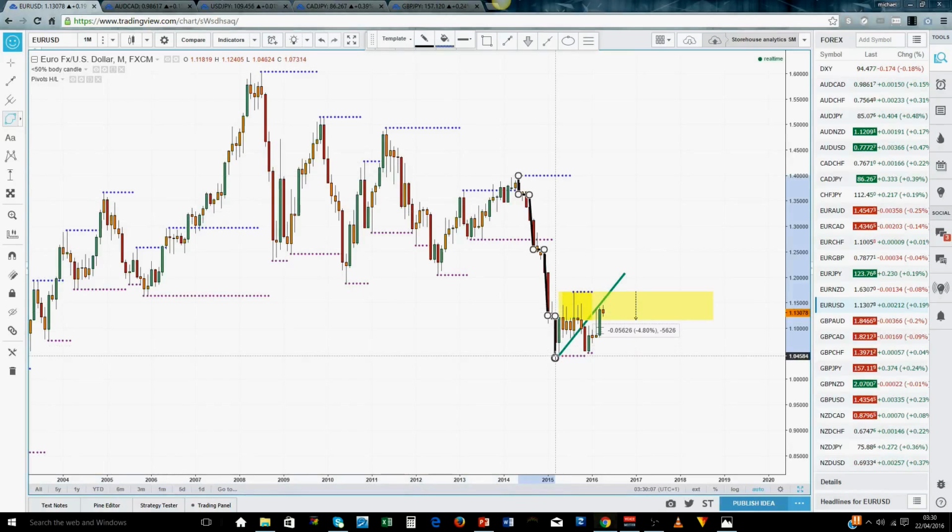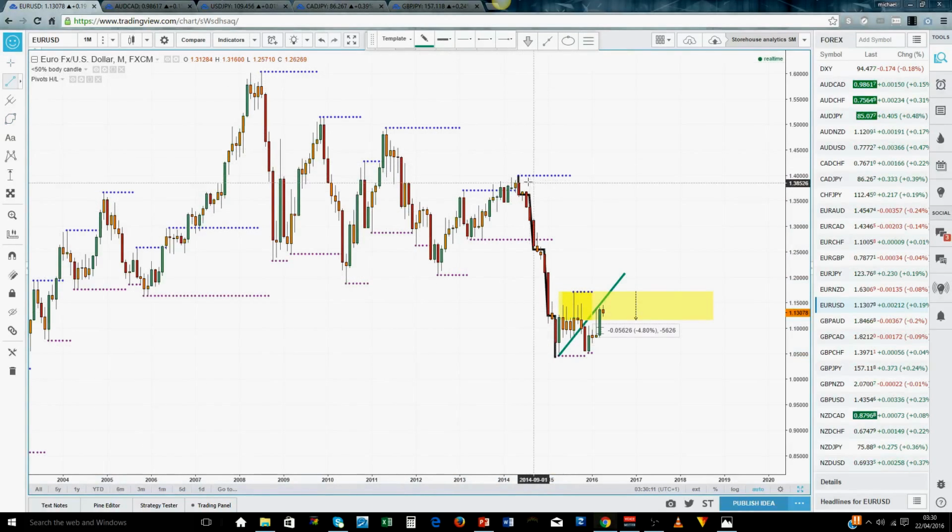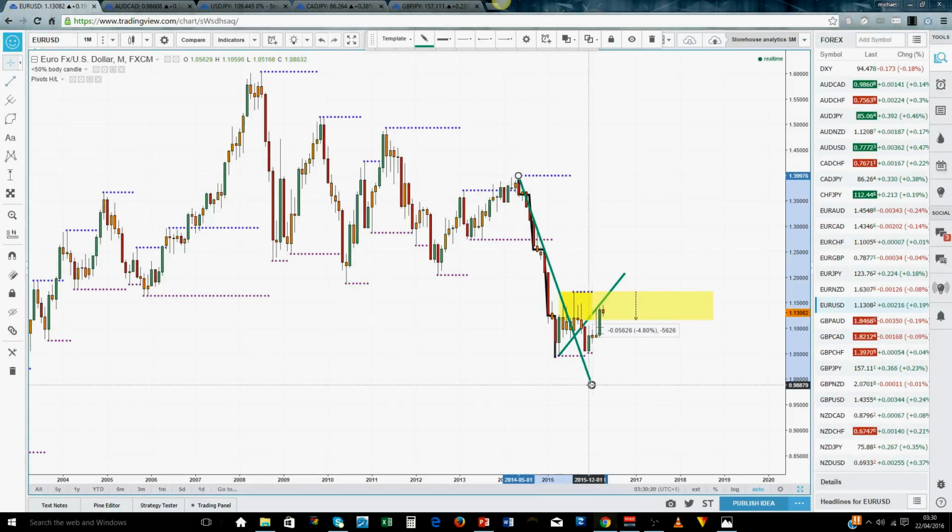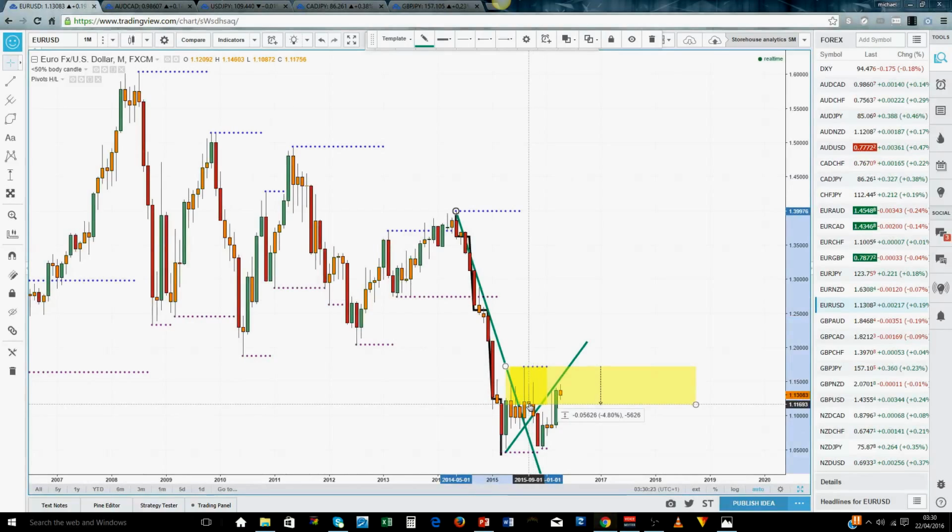So what we had was this trend line, a more aggressive trend line, no doubt. But this was the trend line which obviously was broken by that candle right there.